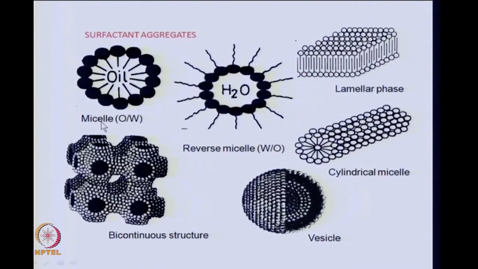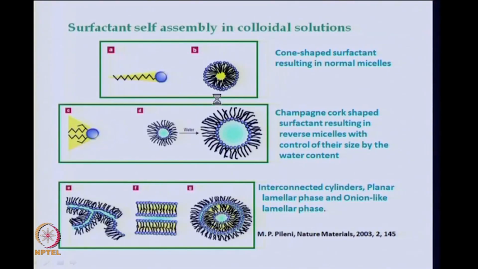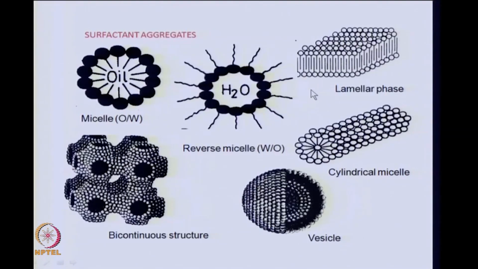So, this micelle will trap the oil medium, and the reverse micelle will trap the aqueous medium. These are spherical aggregates of surfactants, but you can also get other types of structures, like this lamellar phase, where you have the polar head groups on one plane, and their tails are inside, and there is another layer of polar molecules whose tails are inside.